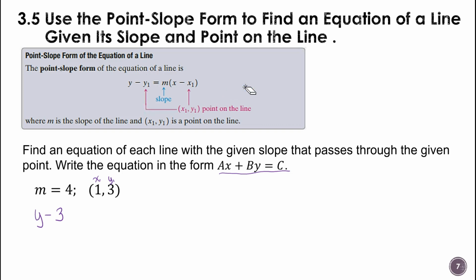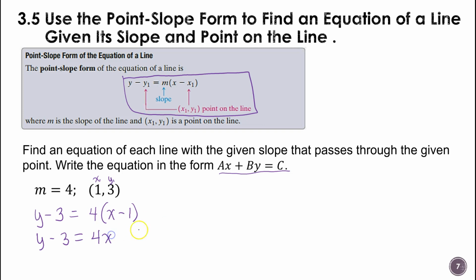It's called y minus y sub 1 equals m times parentheses x minus x sub 1. So that's going to be equal to 4 times x minus 1. That's very important that you put the parentheses there. Otherwise, this doesn't work out the way it's supposed to. So y minus 3 equals 4x minus 4.